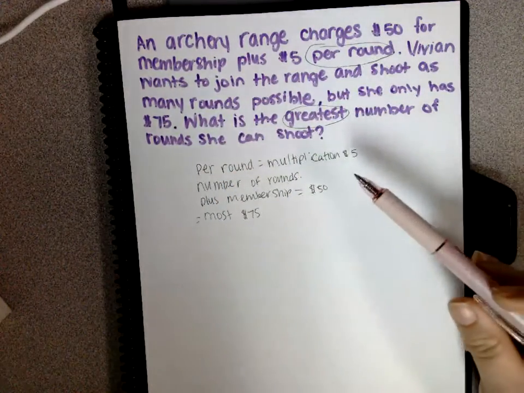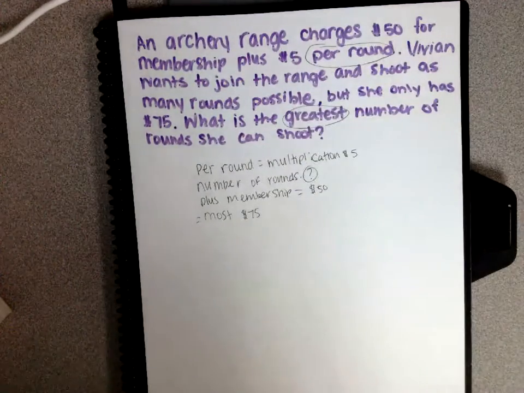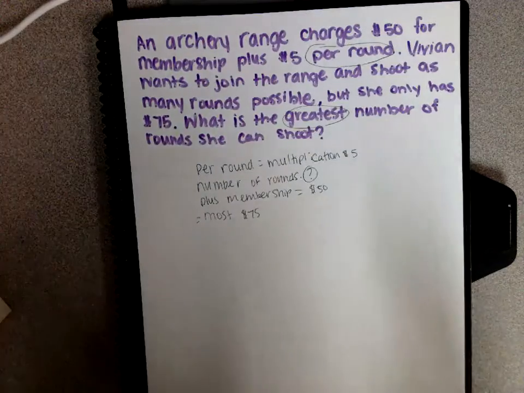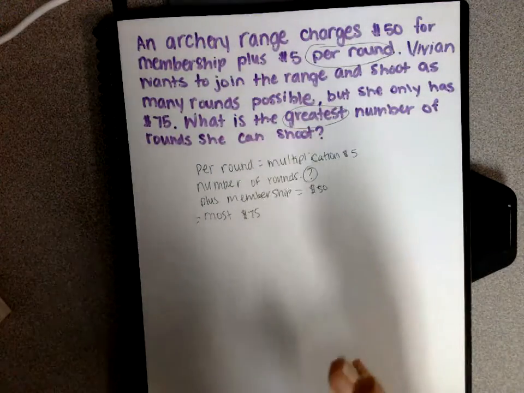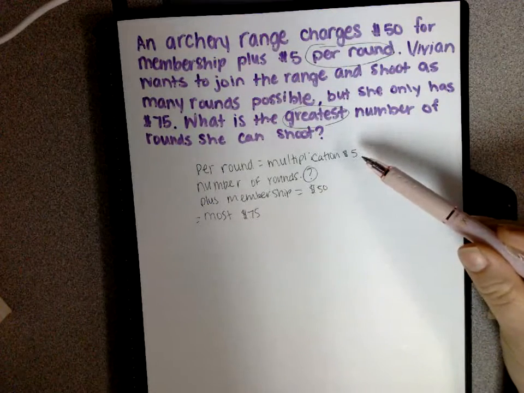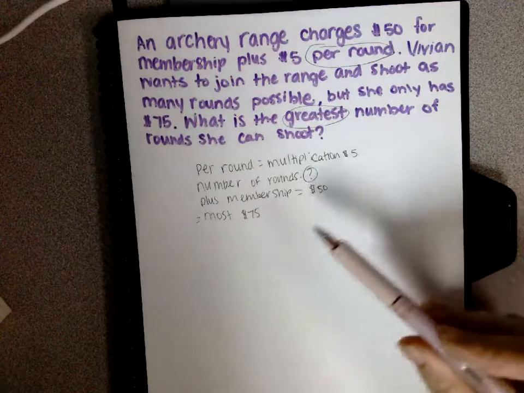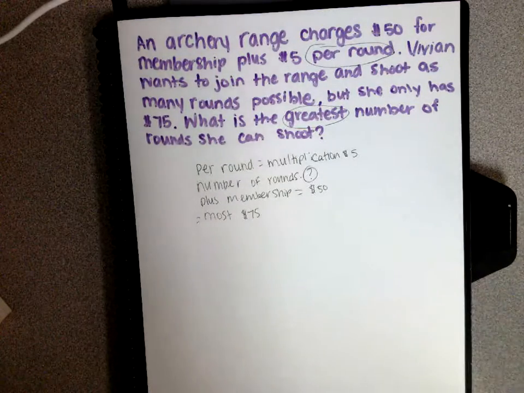So there's only one thing that I don't know, and that's going to be how many rounds can she shoot when she has $5 per round, a $50 base membership fee, and she only has $75 to spend.